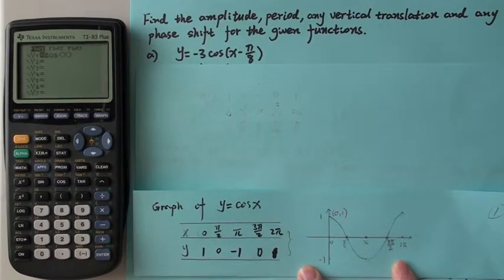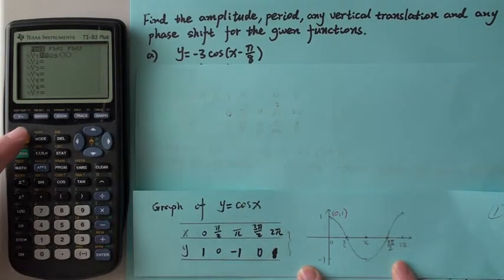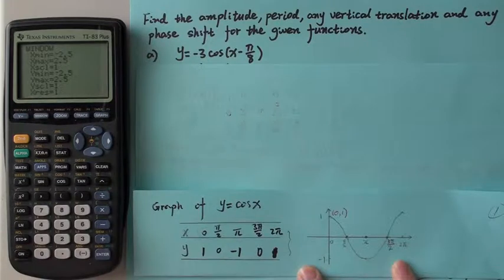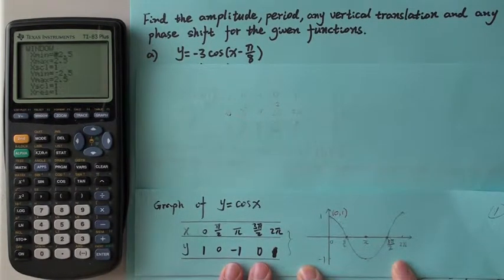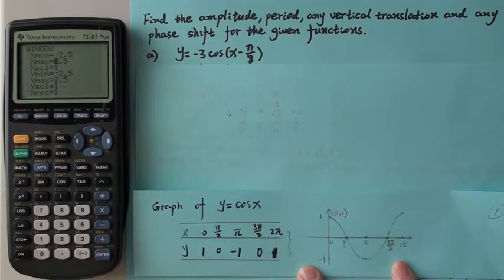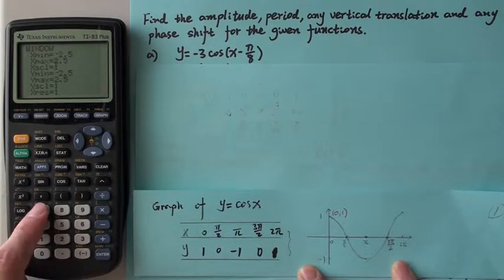This is cosine x. Then if you set the window, x is from negative 2.5 to positive 2.5. You may do 2 pi, let's say 6.28 something, so you may say 7.